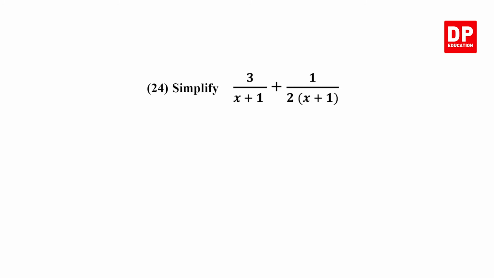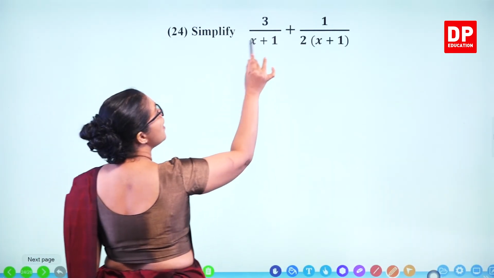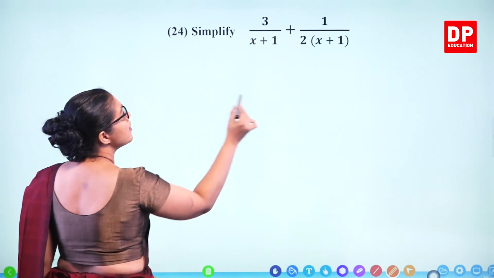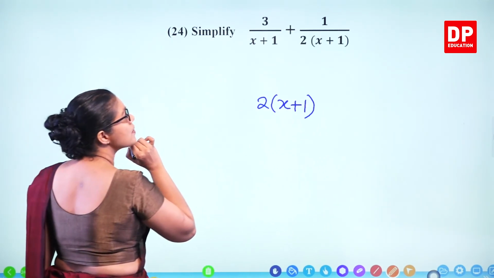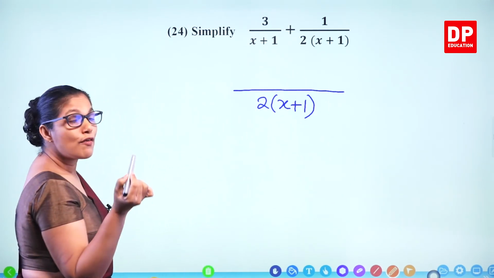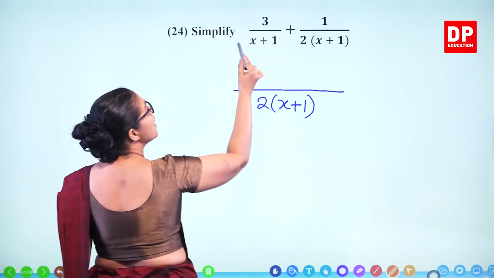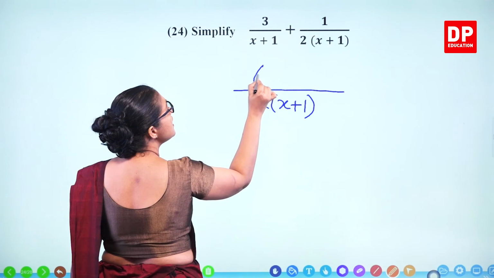Question number 24. Simplify. So you have to find out the lowest common multiple. What's the lowest common multiple of x plus 1 and 2 times x plus 1? The lowest common multiple is 2 times x plus 1. So make it the same denominator. You have to multiply this by 2, you get this. Do the same thing: 2 times 3, 6.